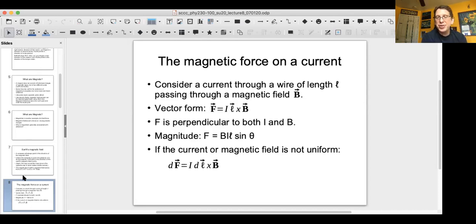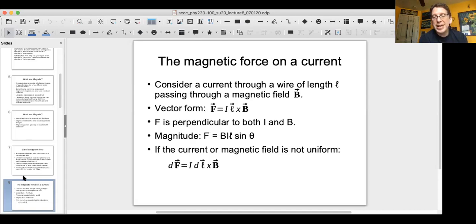The magnitude of the force is equal to B times I times L times the sine of theta, where theta is the angle between the two vectors in the cross product. That's a general property of all cross products as far as figuring out the magnitude.